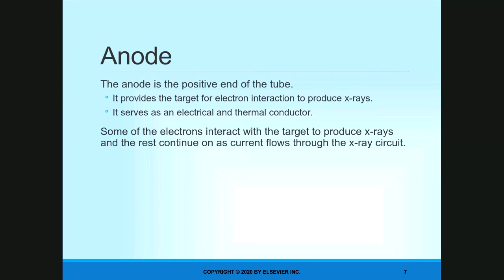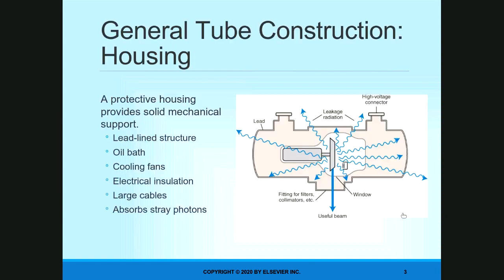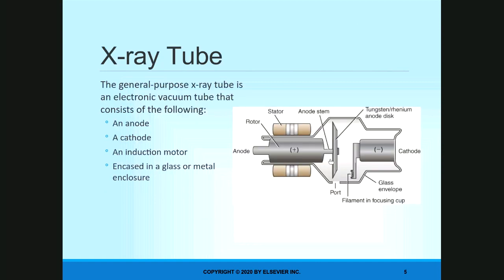But some of those electrons, when the exposure is over, does it make sense that you have to go back to a complete vacuum again? So you can't have any leftover electrons in this tube. So some will smash into the anode and actually create radiation, but some of them will strike the anode, not create radiation, but they have to leave the tube at the end of the exposure so that it remains evacuated.